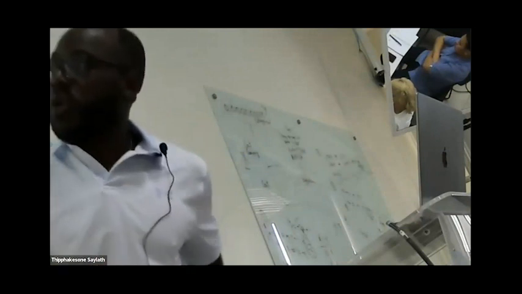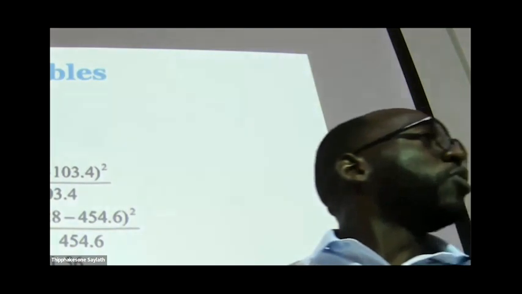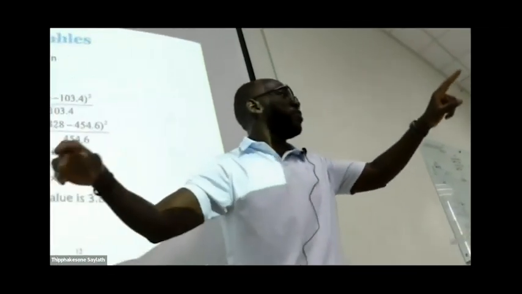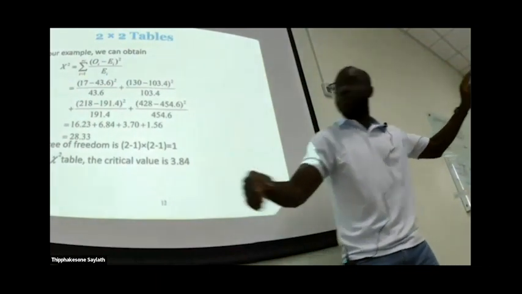And then when I do, I get a test statistic of 28, degree of freedom 1. Let's not worry about that for now. But remember, when I have a test statistic, what do I need? I can compute a p-value, or I can find a 95% critical value to make a decision about the null.